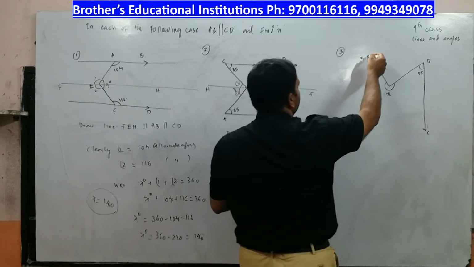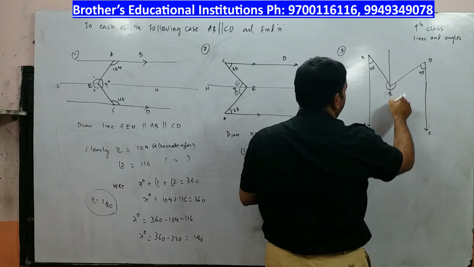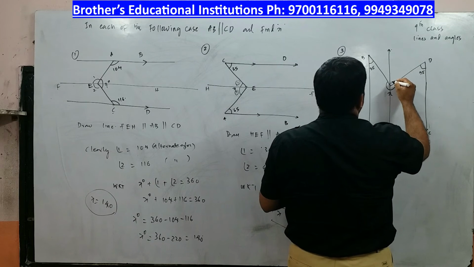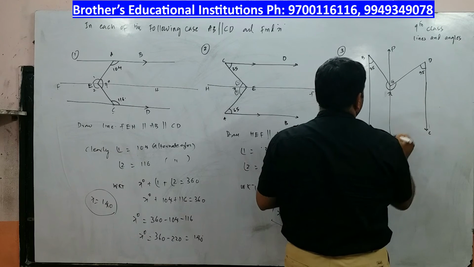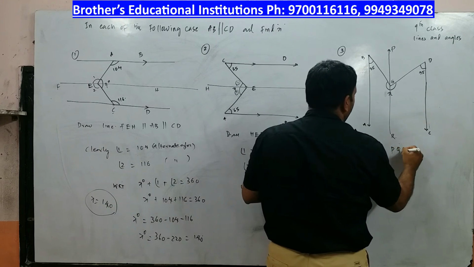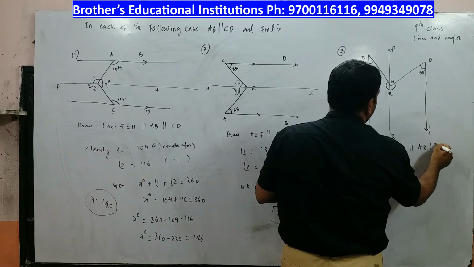Now, one more figure we will take. Here also, I will try to draw a line parallel to AB and CD. Let me call this P, and this is Q, and this is R, right? Draw PQR parallel to AB, or in turn parallel to CD.